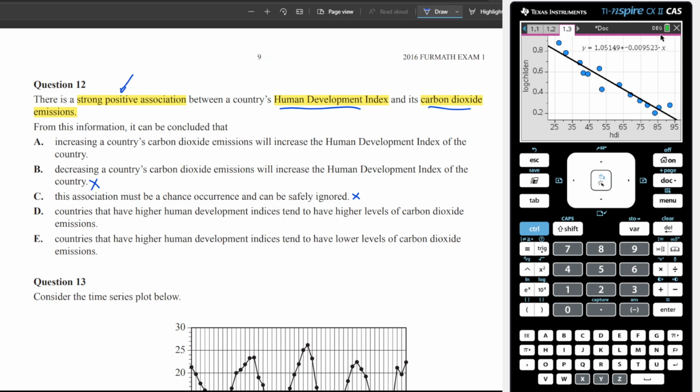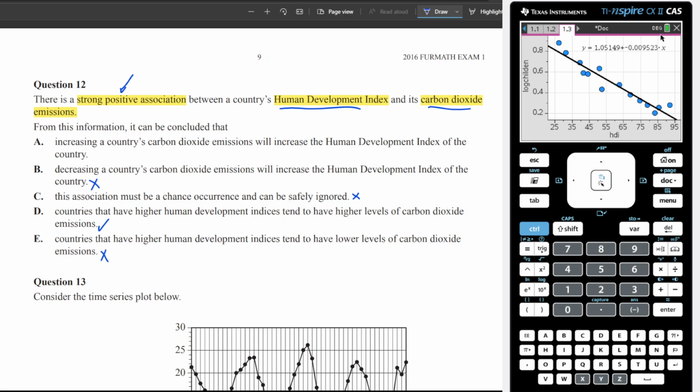Option D: countries that have a higher HDI tend to have higher levels of carbon dioxide emissions. Well, that would be true, because it is a strong positive association, meaning an increase in HDI matches an increase in carbon dioxide. So this one will be true. And that makes A not true, and E probably not true. Option E: countries that have higher HDI indices tend to have lower levels of carbon dioxide emissions. That's not true, again for the same reason that it's positive.